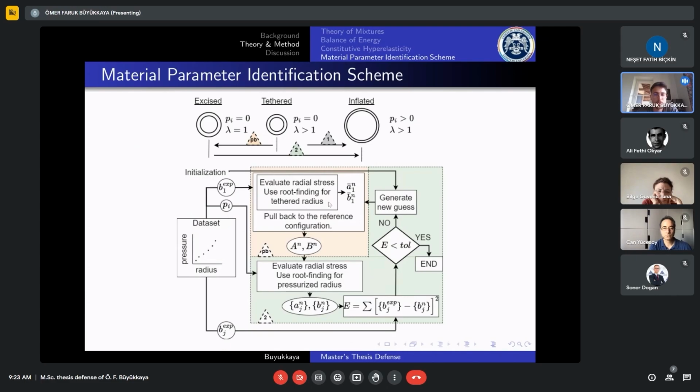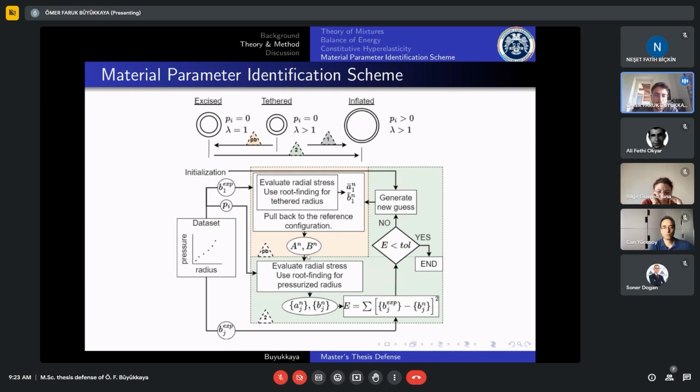Then the program evaluates the radial stress by using root finding for the tethered radius, produces some calculations for the tethered state, and compares it with the experimental one. Then it pulls back the reference configuration, and it gives a guess about the geometry at the reference configuration or excised state.